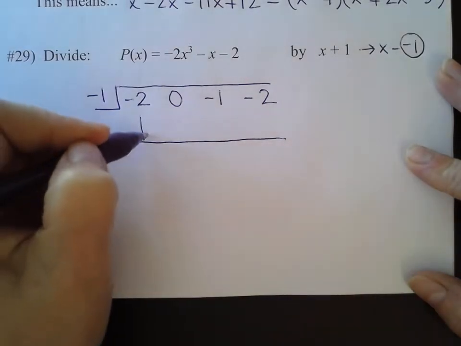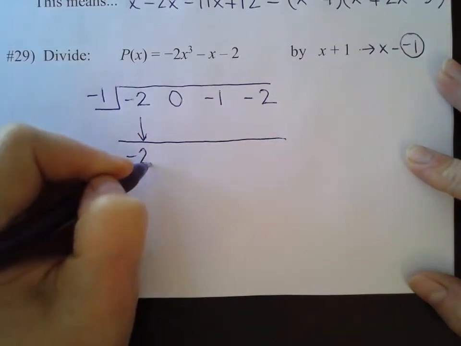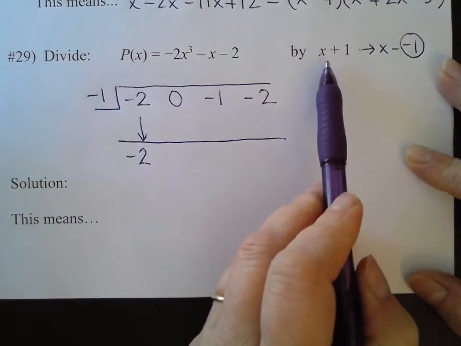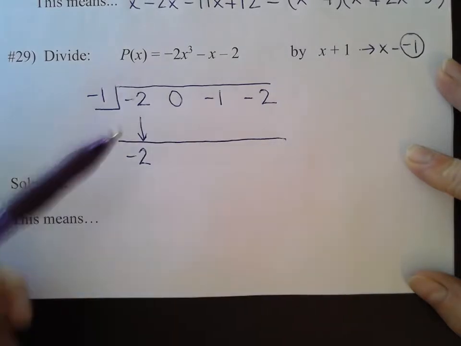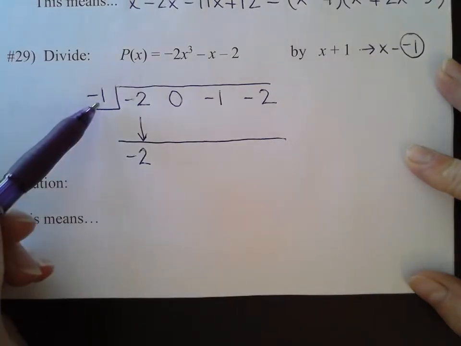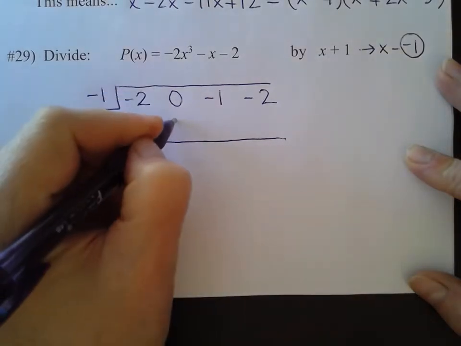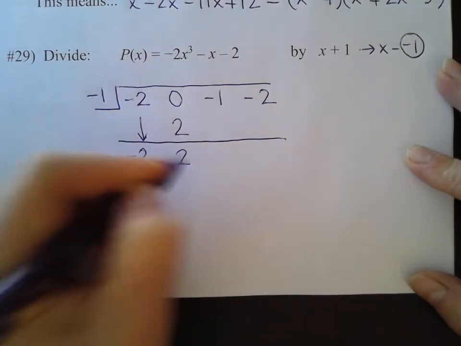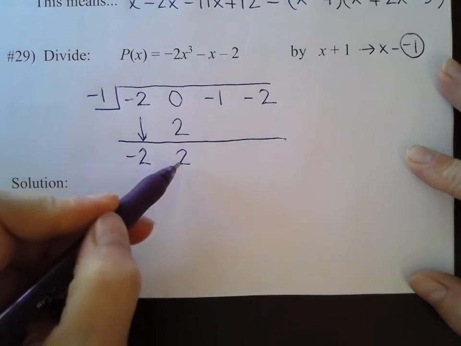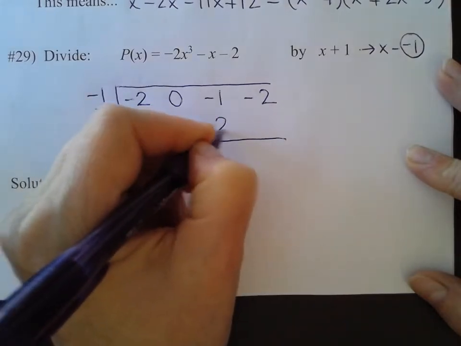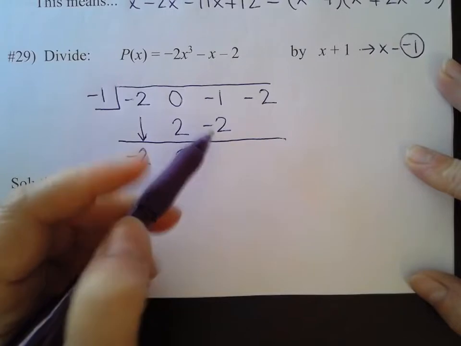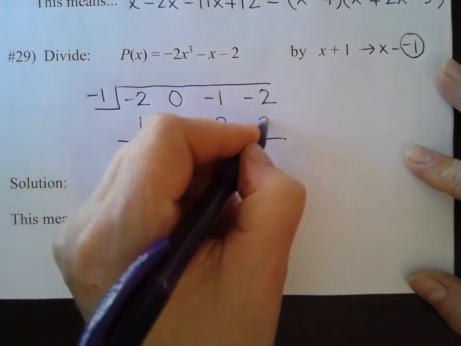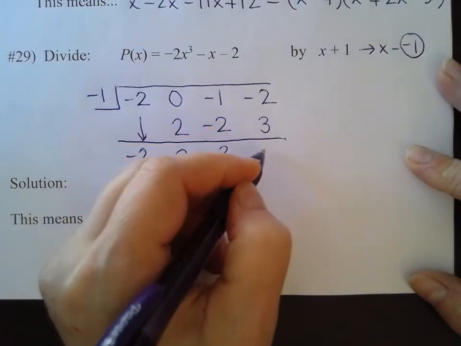Okay, we're going to bring down the first number. Remember, the reason is because we're dividing by just x, and that's not going to change the coefficient at all. Then we're going to multiply. -1 times -2 is 2. Then we're going to add 0 plus 2. Multiply, -1 times 2, and then add. Multiply, and then add.